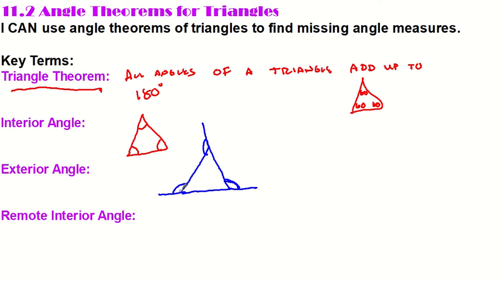Okay, and then the remote interior angle. The remote interior angle is an interior angle that is not next to the exterior angle. So here's what I mean by that. Let's say I have this exterior angle right here, and I'm focused on this one. Well, the remote interior angles are these ones right here.